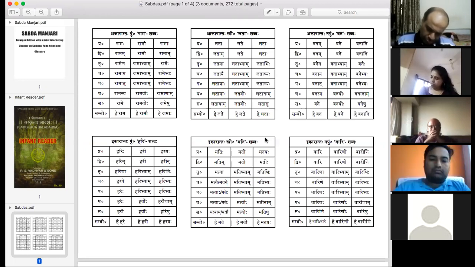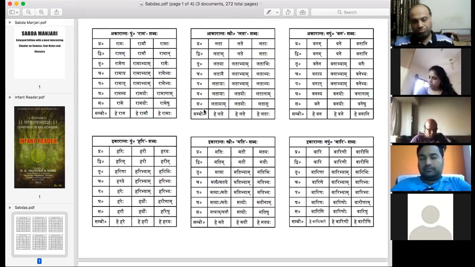And whenever you say shabda, it means nouns. So we are looking at nouns now. We will look at verbs a little later.